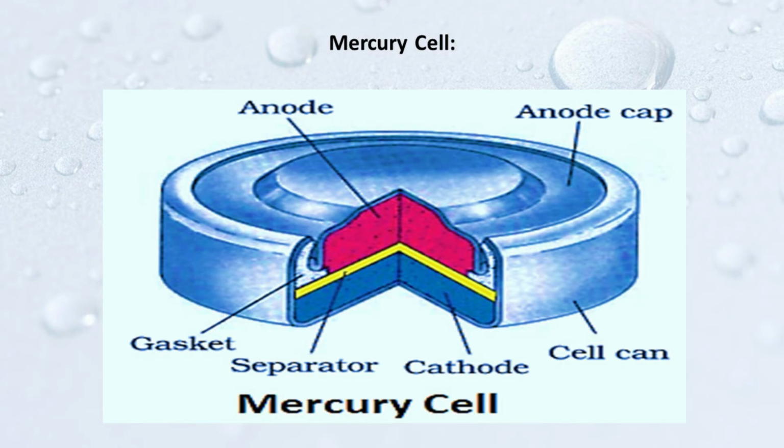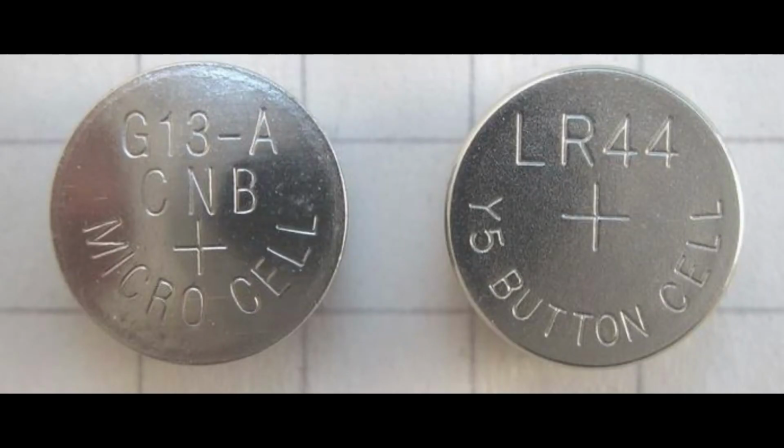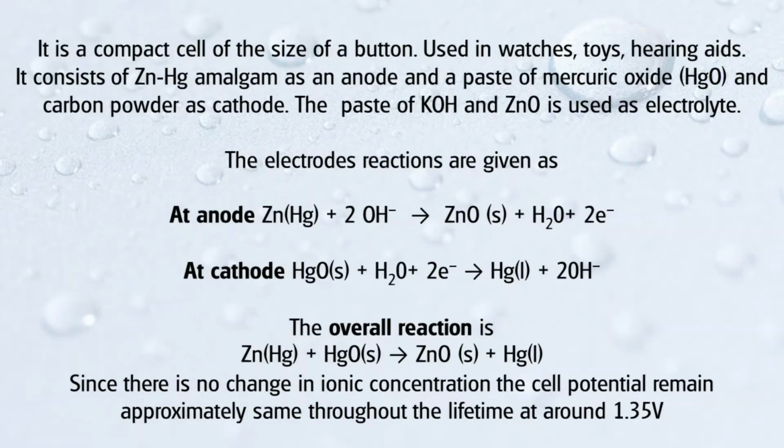Now let us consider the mercury cell, which is a very compact cell having the size and shape of a button. Hence, it is also known as button cell.